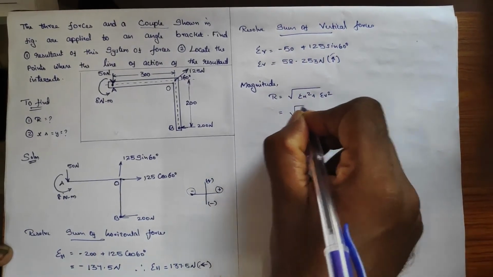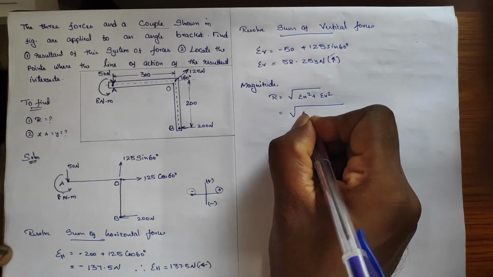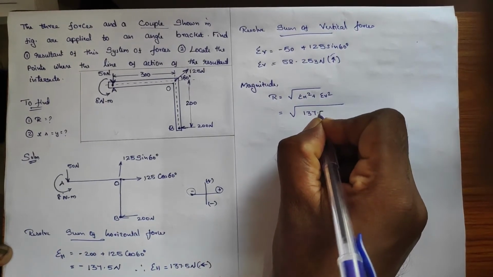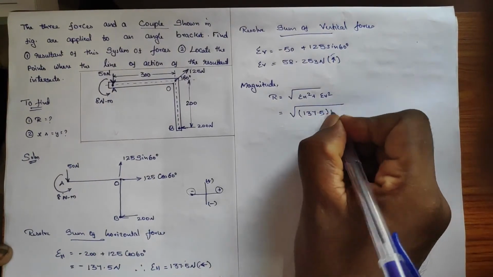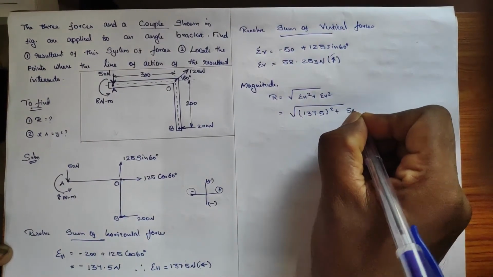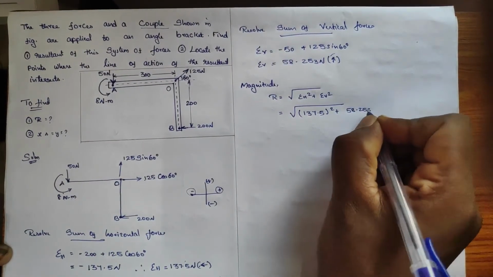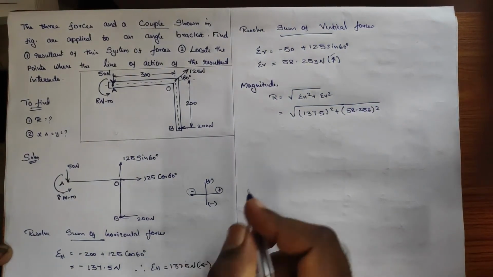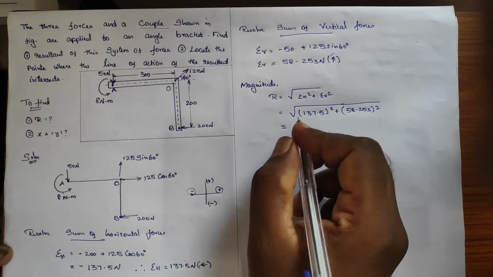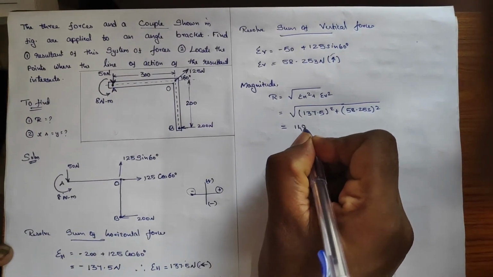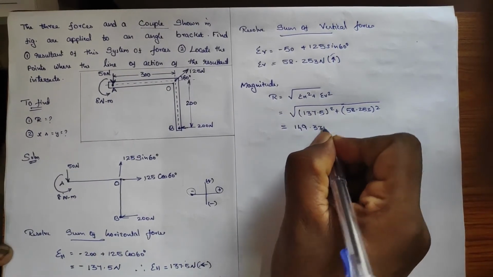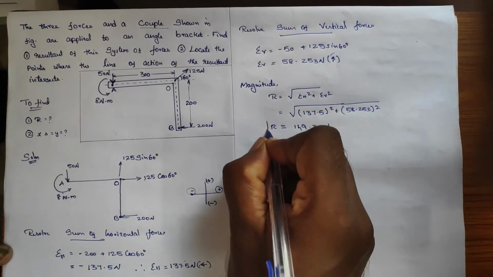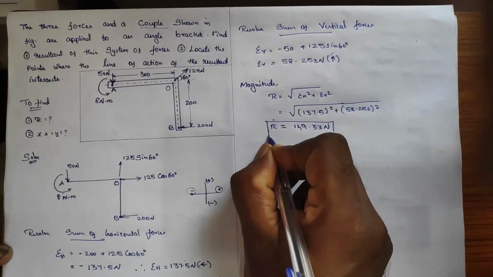Sum of horizontal force is 137.5 the whole square plus 58.253 the whole square. That's all. Do the calculation and you will get the answer for R, which is 149.33 Newton. This is the resultant magnitude.